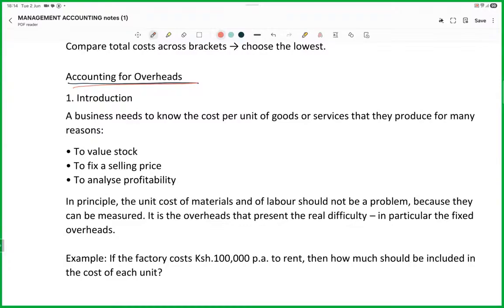So right for us, they are pretty fast that overheads are indirect costs.